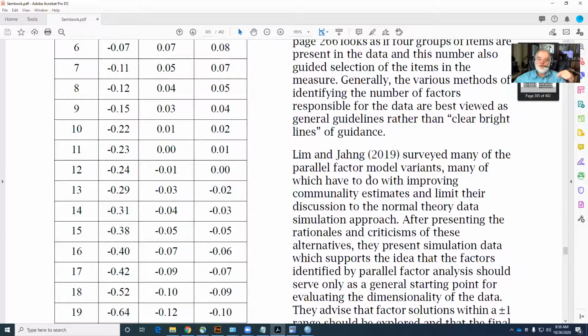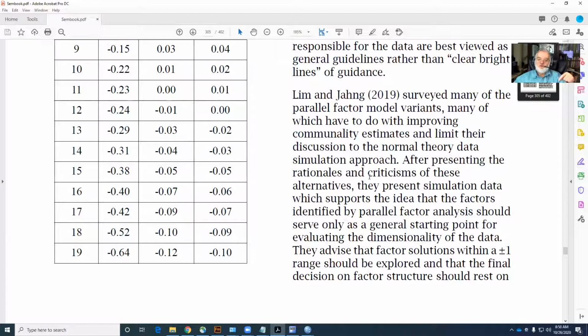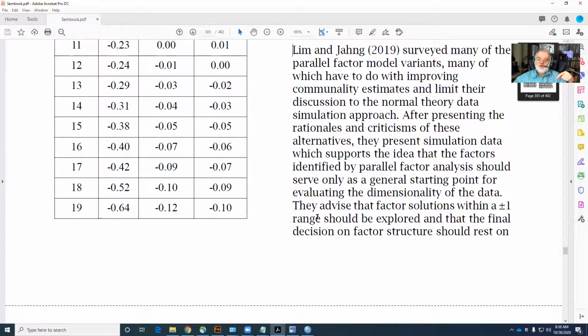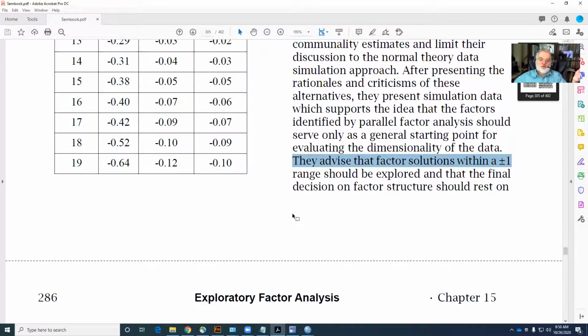Now, Lim Jahng and his student Lim recently did a very nice paper, and they talked about parallel analysis and different models that you could look at. Their basic idea is go ahead and do your parallel analysis, or use the other tests for that matter, to determine factors, but you also probably want to explore plus or minus 1 around that in evaluating a model.